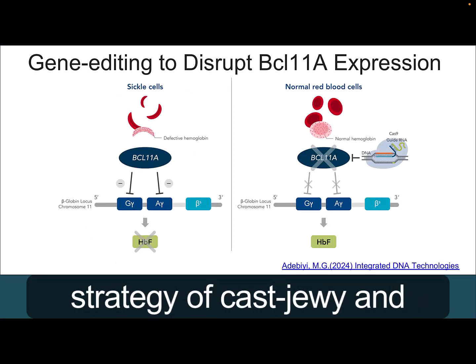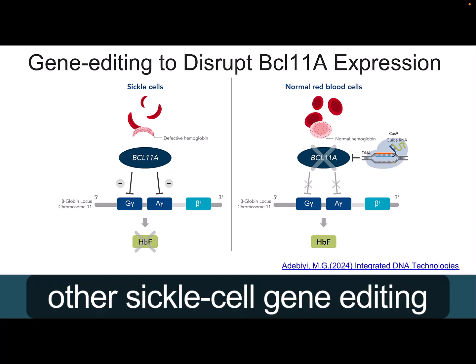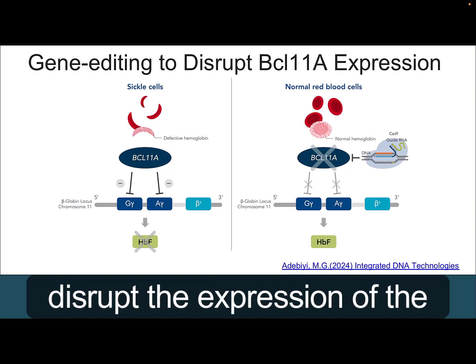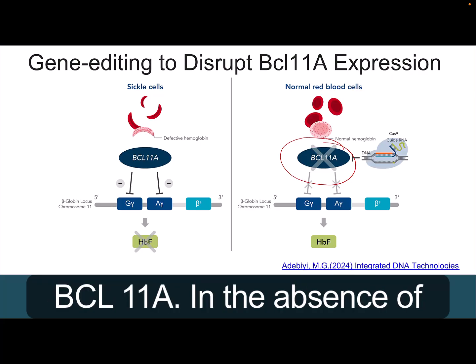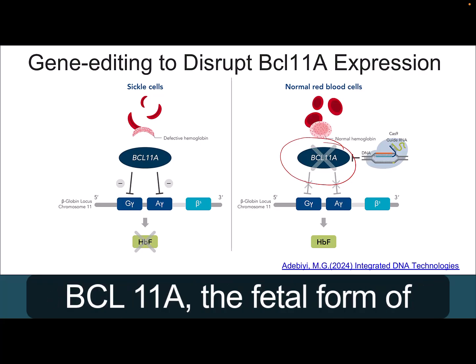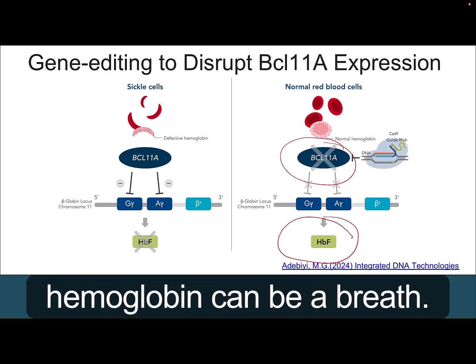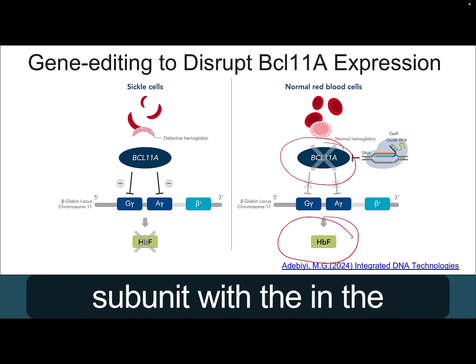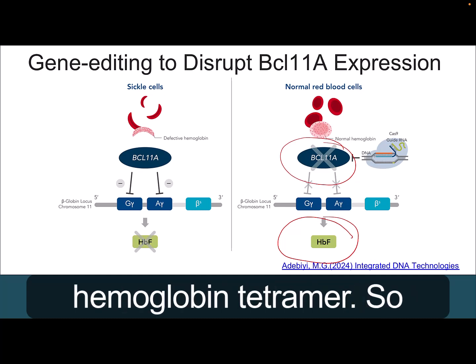Thus, the strategy of Casgevy and other sickle cell gene editing pharmaceutical agents is to disrupt the expression of BCL11A. In the absence of BCL11A, the fetal form of hemoglobin can be expressed. It can then replace the mutant beta hemoglobin subunit within the hemoglobin tetramer.